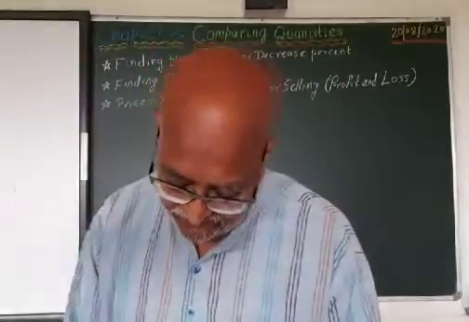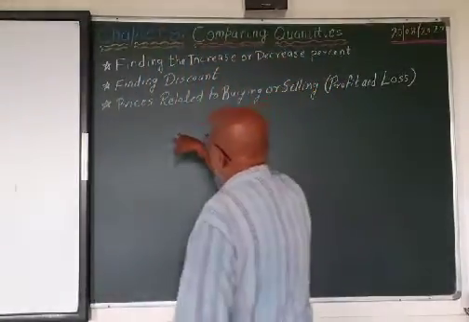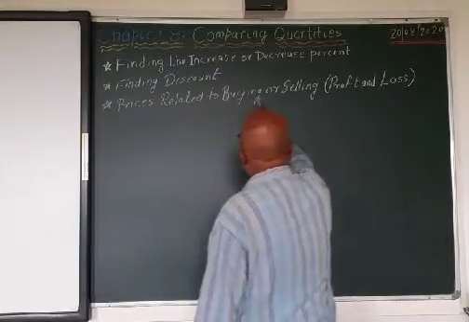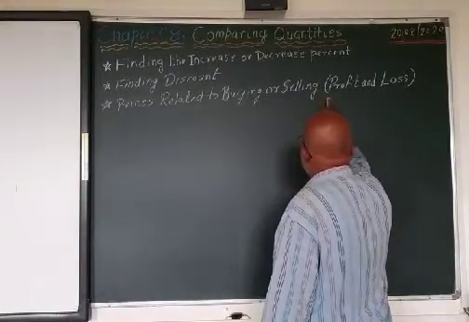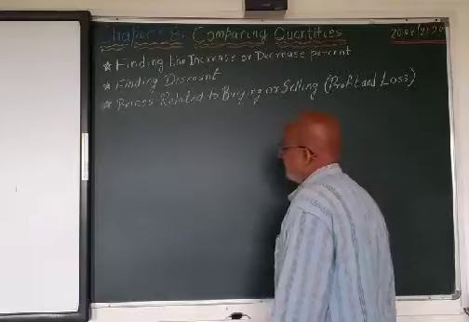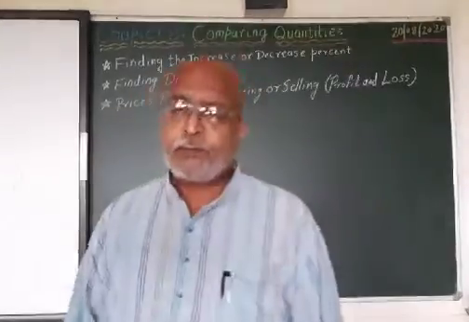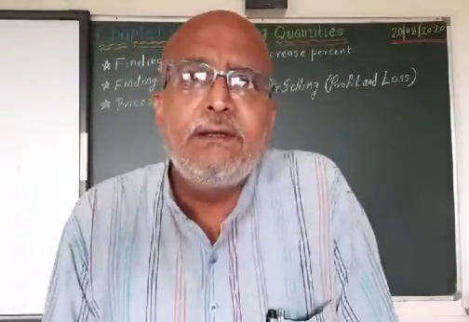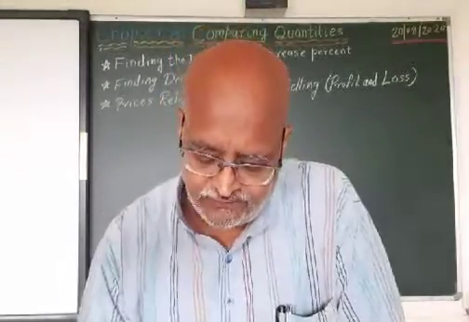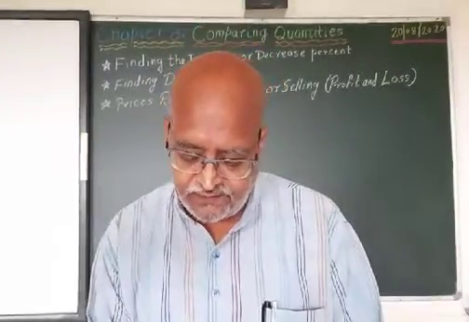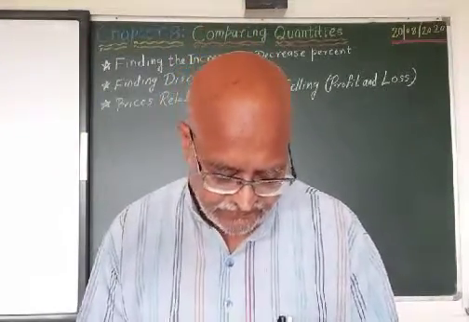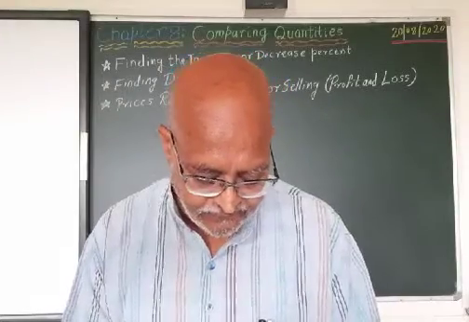The third and last one today is price related to buying and selling: profit and loss. Now, you have seen about profit and loss. One example we'll take based on profit and loss.